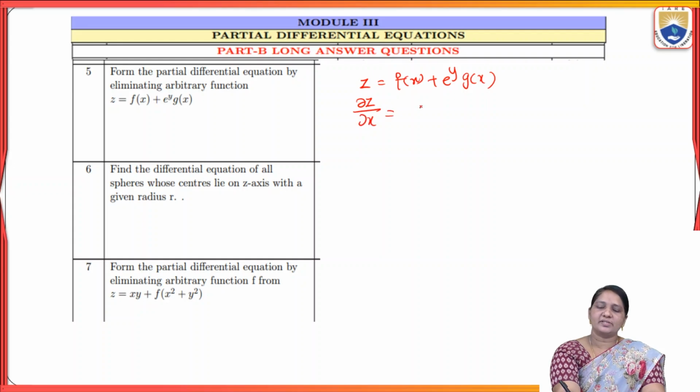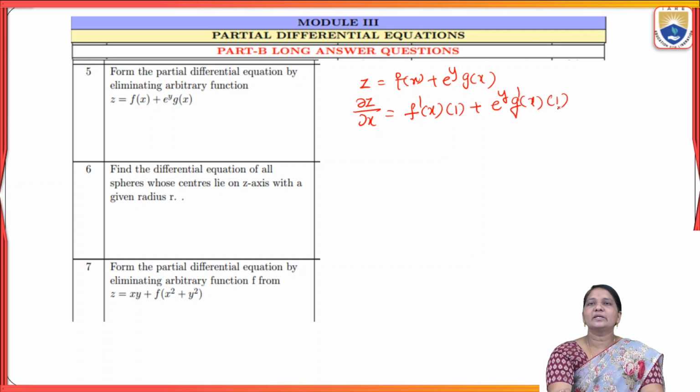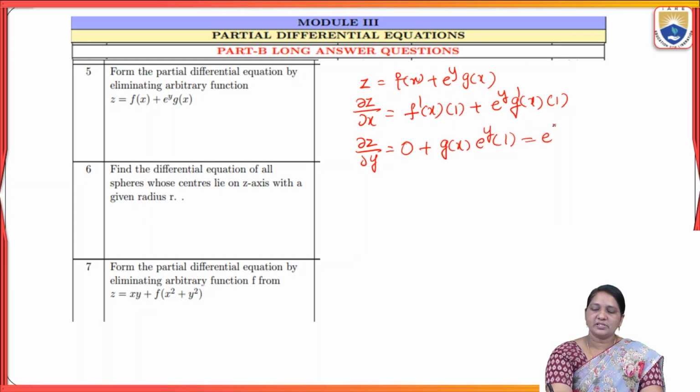So dou z by dou x equal to f derivative is f dash of x and x derivative is 1, plus here u into v formula, e power y is the constant, so g derivative is g dash of x, x value is 1. So next we have to do with respect to y, dou z by dou y equal to, so f is the function of x, right? So this is the constant, plus here g of x is the constant, e power derivative is e power y and y value is 1. So this is e power y into g of x.